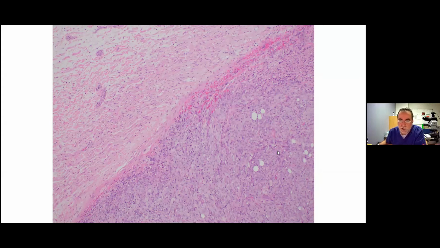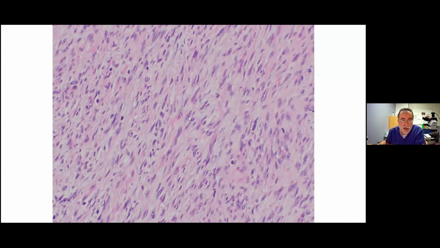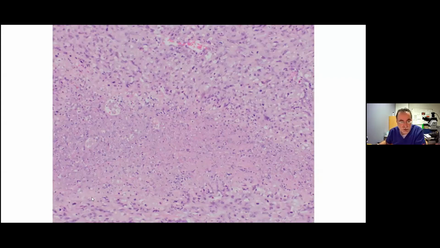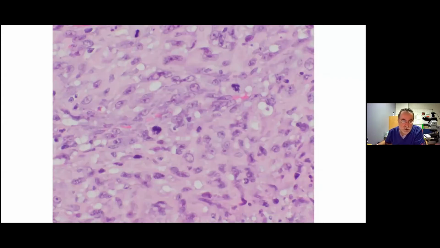And then right next to it, you can appreciate that this is a different type of tumor. First of all, it's very cellular. And on higher magnification, it is atypical, meaning the nuclei are a little bit hyperchromatic, and there is necrosis. So every time we see necrosis, we become very worried about malignant transformation.